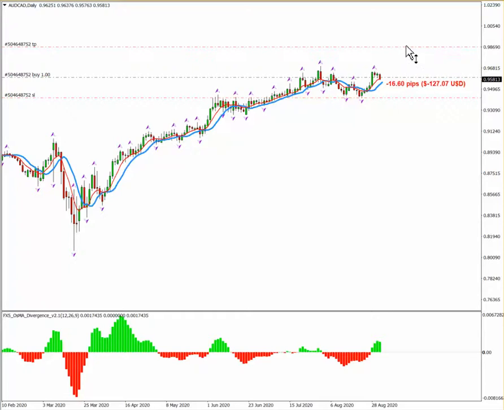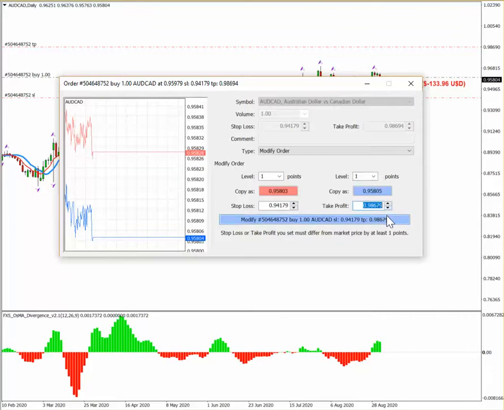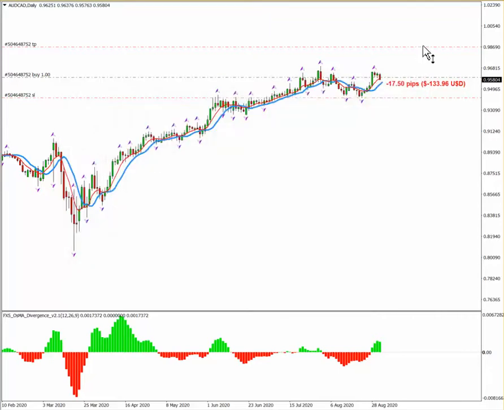That's our target here, 2700 points. And the stop loss is at 1800 points.